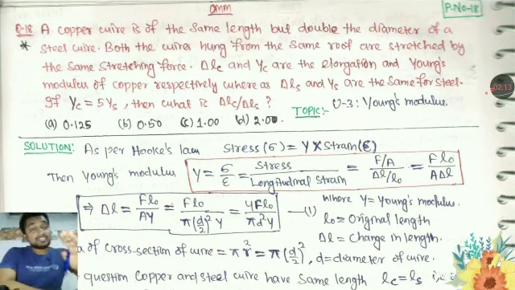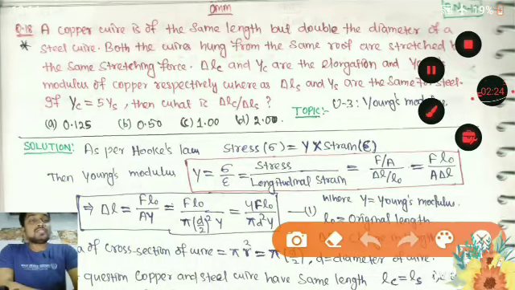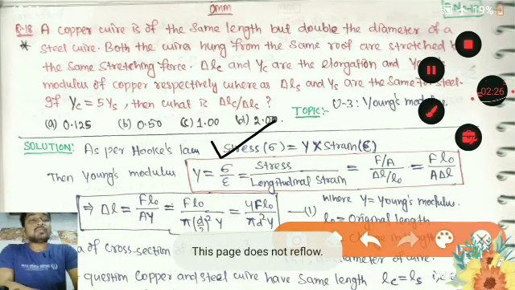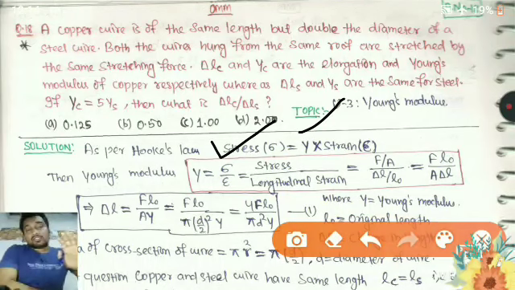Delta L is the change in length, L naught is the original length. Young's modulus we can get from Hooke's law. Hooke's law is stress is proportional to strain with a constant of proportionality, the modulus of elasticity. It may be the Young's modulus, the bulk modulus, or the shearing modulus.